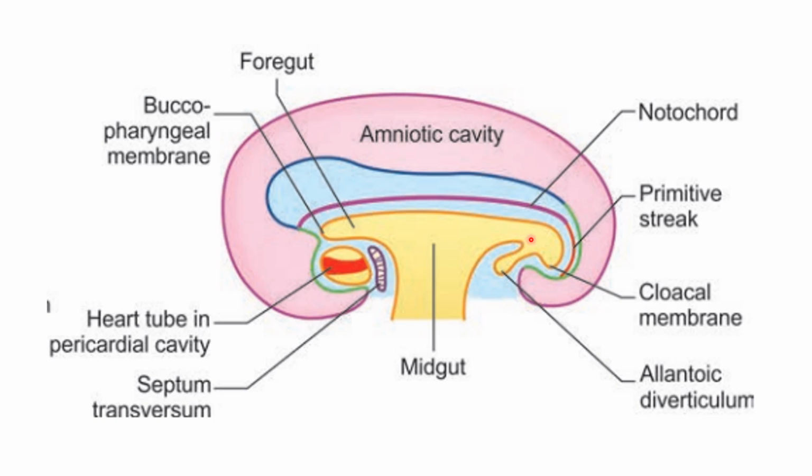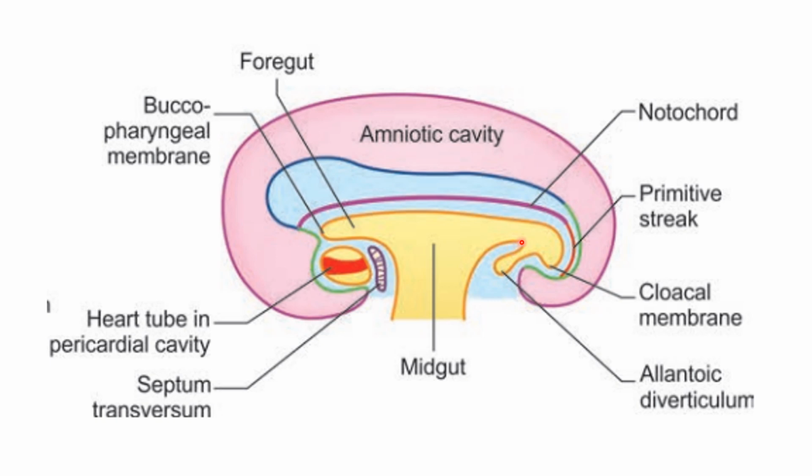This urorectal septum will grow towards the cloacal membrane. If you remember correctly, the cloacal membrane is the area where there is no intervening intraembryonic mesoderm, so there will be only two layers: the endoderm and the ectoderm.